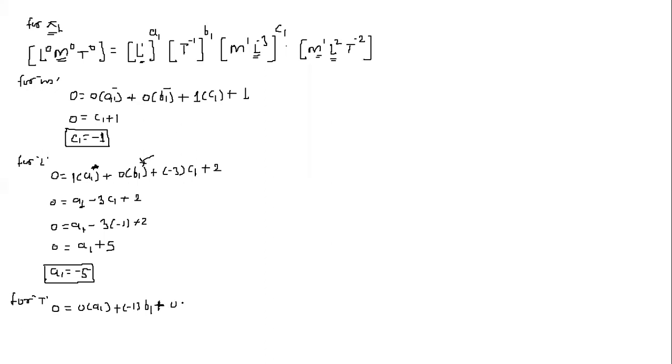So 0 into C1, plus how much? -2. Therefore 0 is equal to, this will become 0, then -B1 -2. So B1 is equal to how much now? B1 is -2.